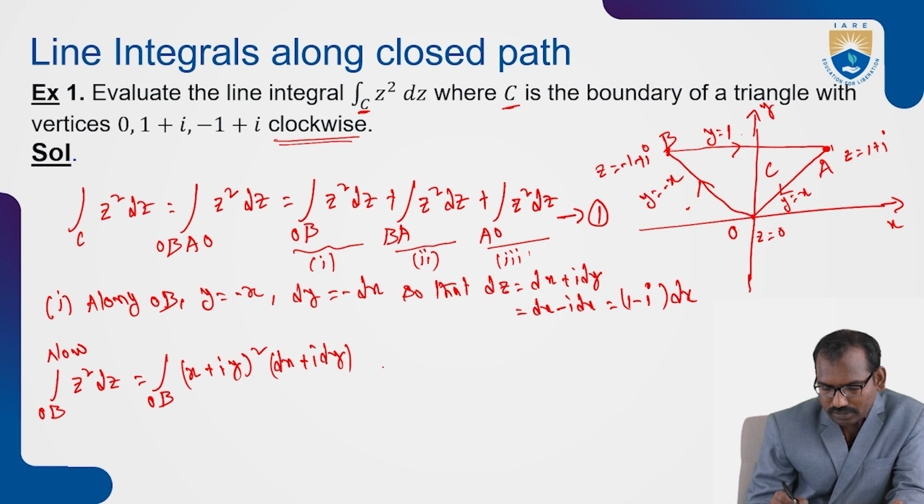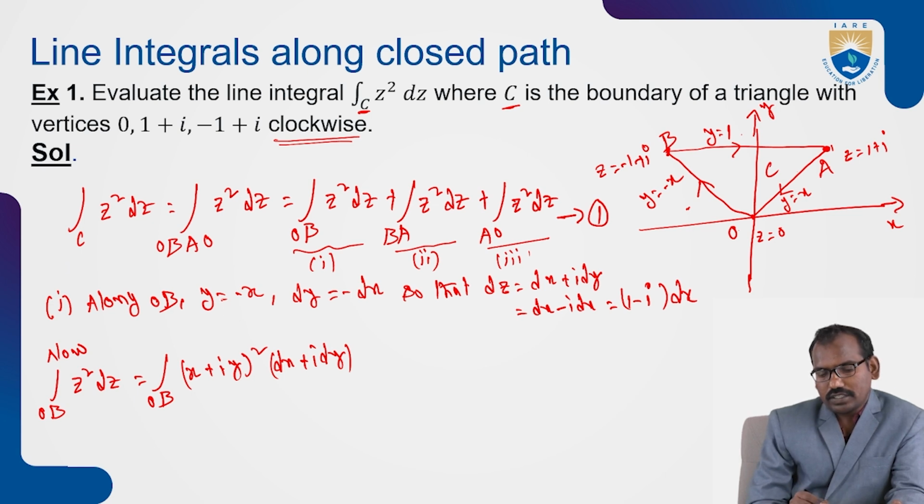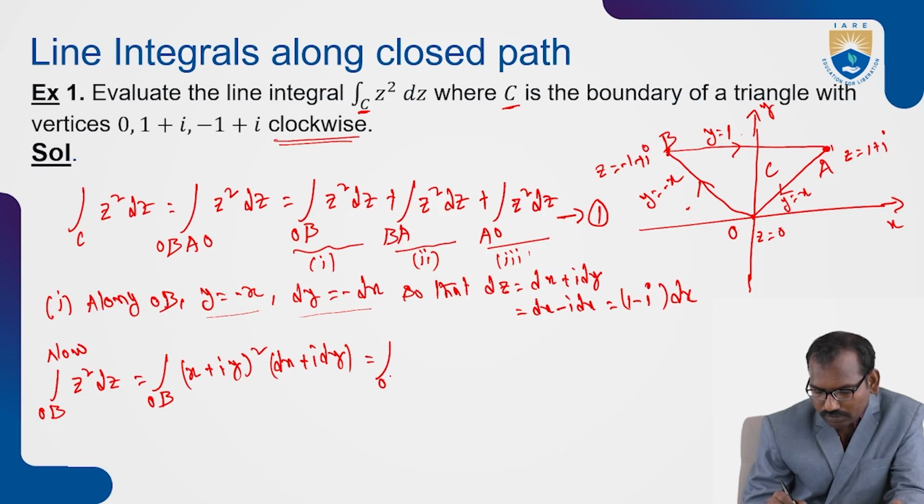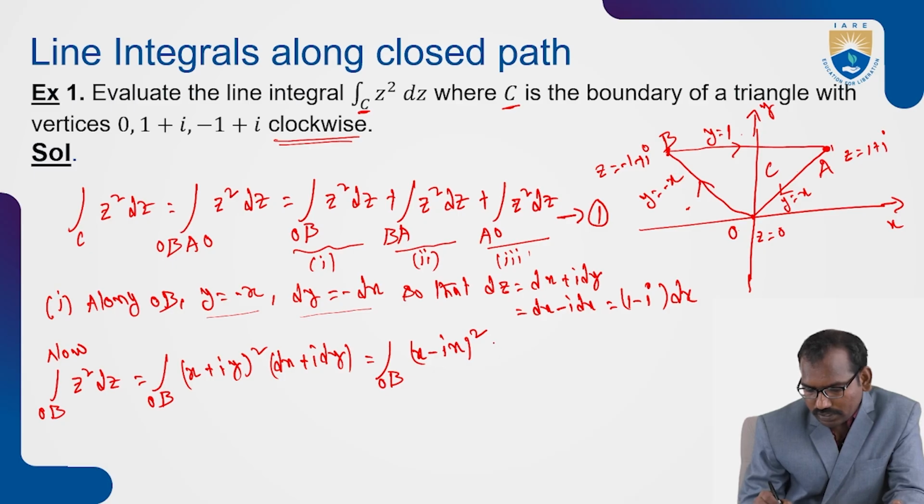Using y equals minus x and dy equals minus dx, I will get the integration along OB of (x minus ix) whole square, with dx minus i dx.